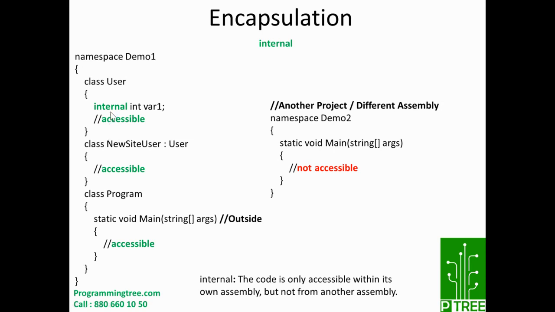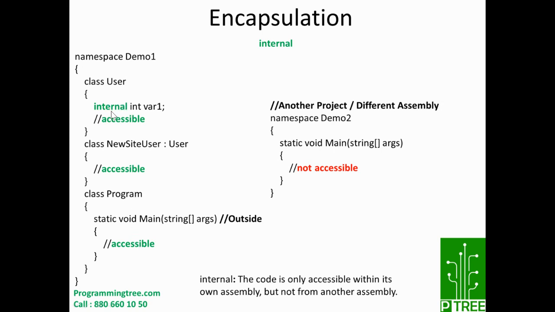This internal is available to the public facing within the same project assembly. But this internal is not available across a different assembly or different project assembly. So once you declare something with the internal access specifier, it is available within that same assembly. We can use it within the container.